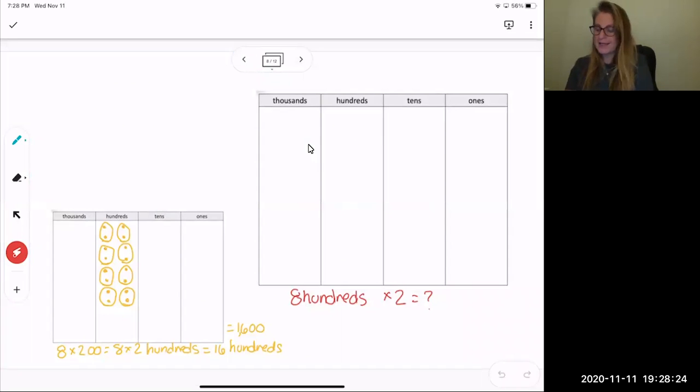Let's look at our 8 times 200. Okay, what would happen if we instead wanted to do 800s times 2? Represent this problem in your place value chart and tell how it is similar and how it is different.